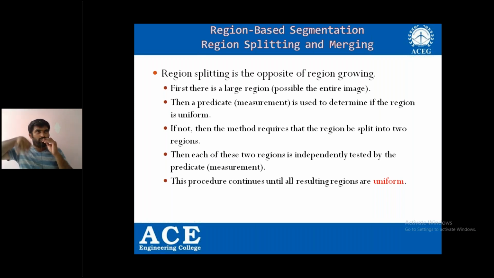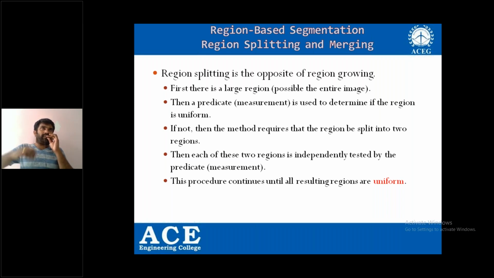First, uniformity must be checked. If the entire region is uniform, it can be considered a single region. If non-uniformity is there, again divide into two parts and then check the individual regions. If there is uniformity, yes, it's a separate region. Again non-uniformity, again split into two regions, right? Until you get the uniform regions, the splitting process will be followed.